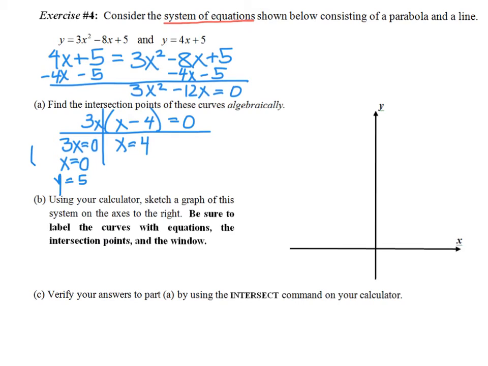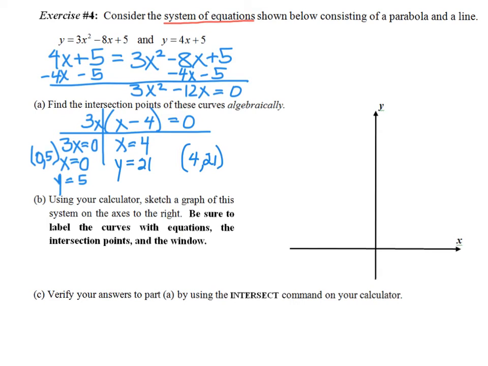So the ordered pair where they're going to intersect is going to be 0, 5. When I substitute 4 into either equation, I think I'll put it into the easier equation here. 4 times 4 plus 5 tells me that y must equal 21. So therefore I have the ordered pair 4, 21.